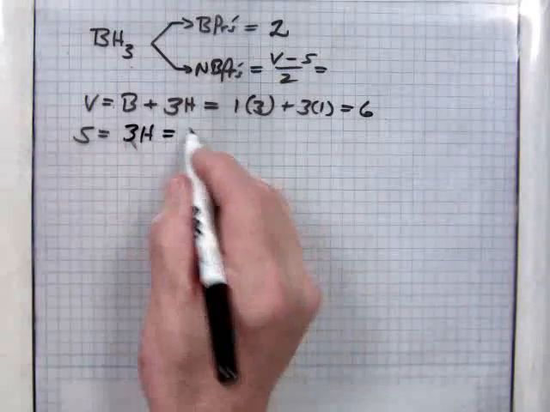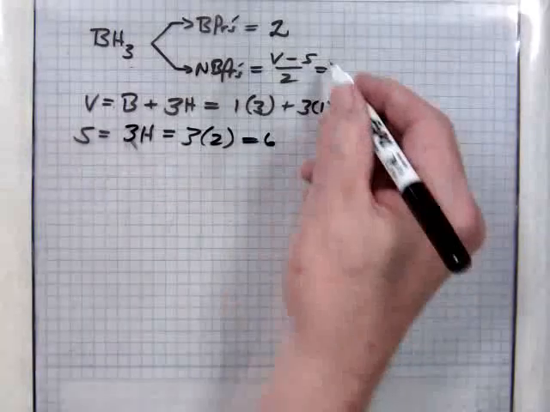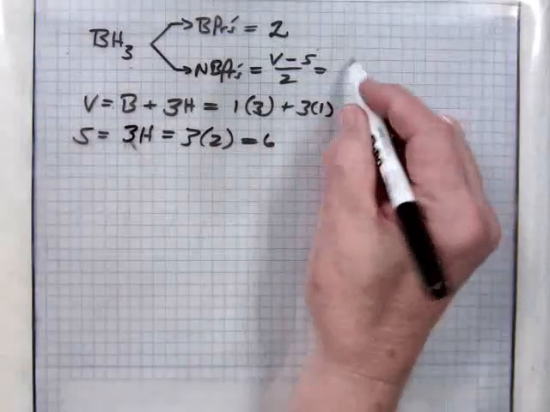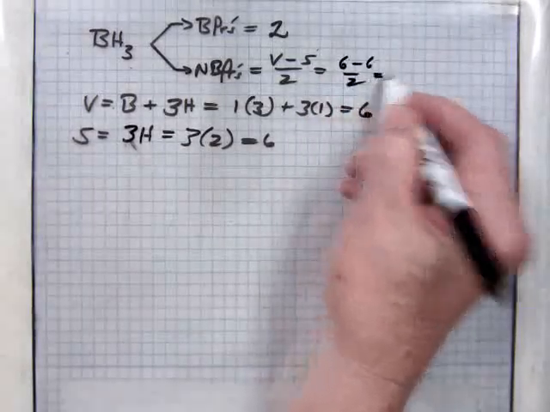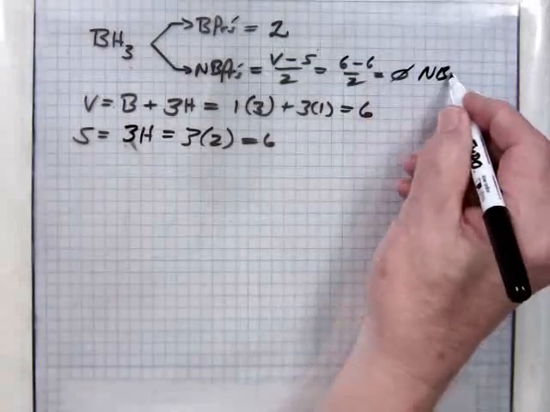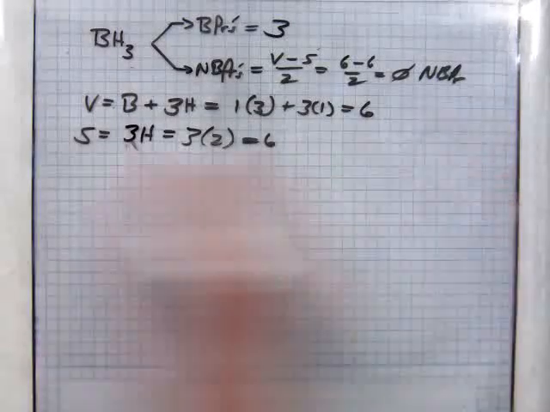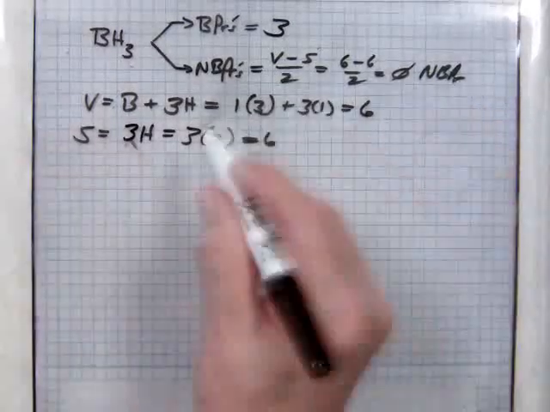That's also 6. And so putting those into this formula, 6 minus 6 over 2, gives you 0 non-bonded pairs.